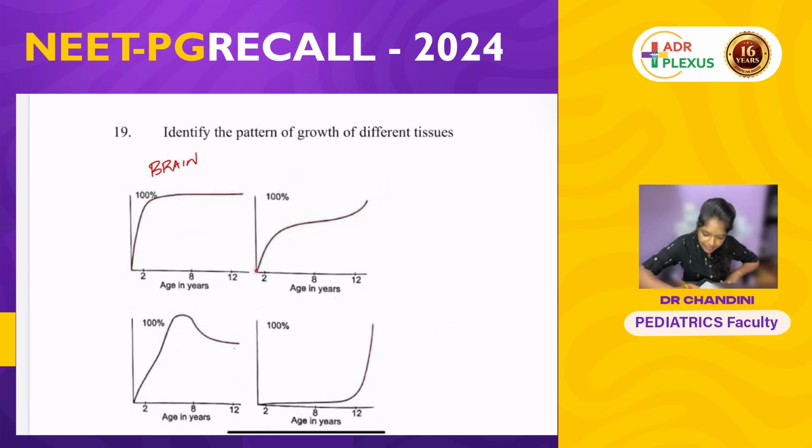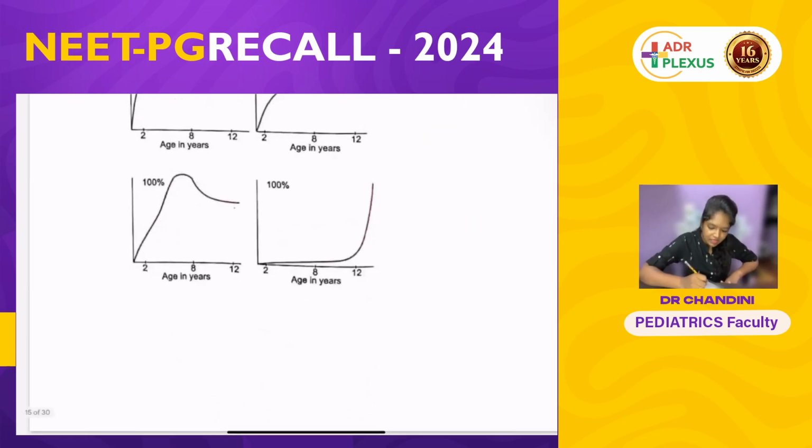You see there is a peak in the immediate postnatal period, then a plateau, and a peak again at puberty. This kind of S-shaped sigmoid curve is seen in somatic tissue. The next one. Here you see there is a peak during middle childhood. After puberty, this falls. What is this?